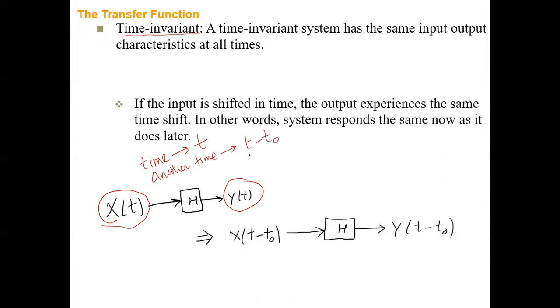It could be t plus t0, it doesn't matter. In my case, I took t minus t0. Suppose your input is x(t minus t0), then your output is definitely y(t minus t0).